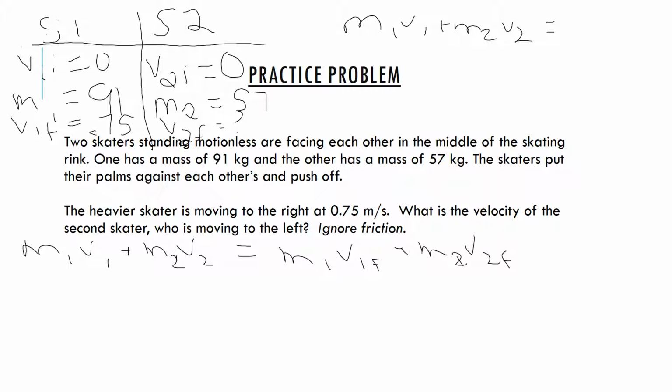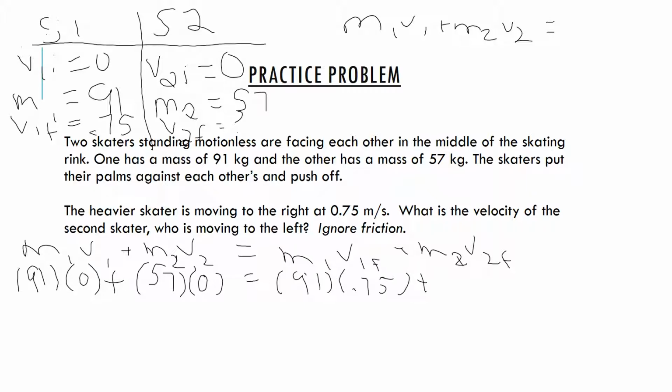All right, if we pop in our numbers, that's going to give us 91 times our initial velocity, which is 0, plus m2, which was 57, times its initial velocity of 0, equals, now we're going to look at our final ones, 91 times 0.75 plus 57 VF.